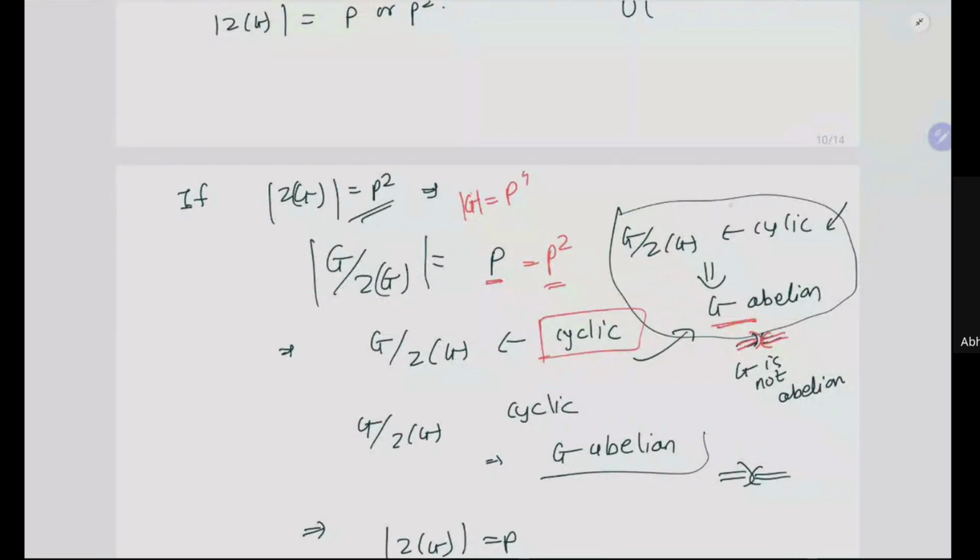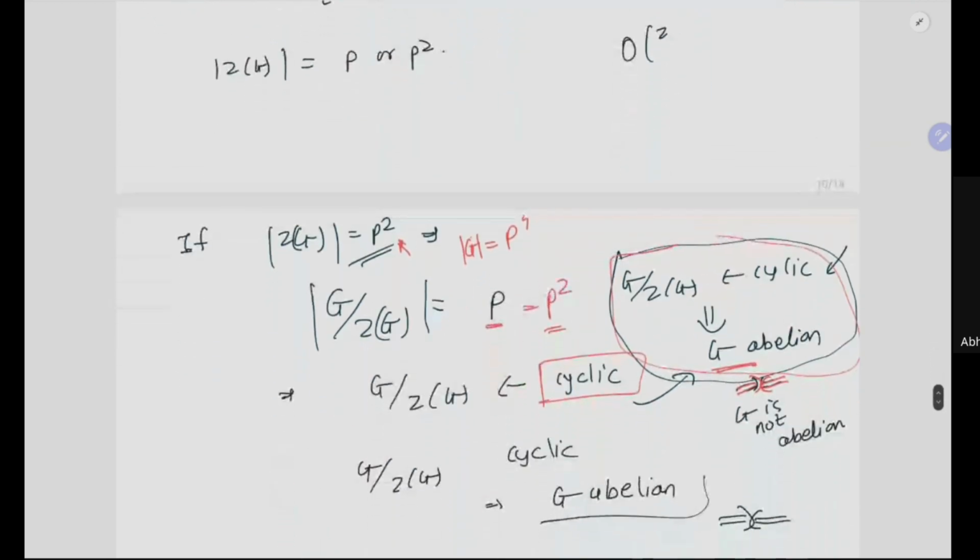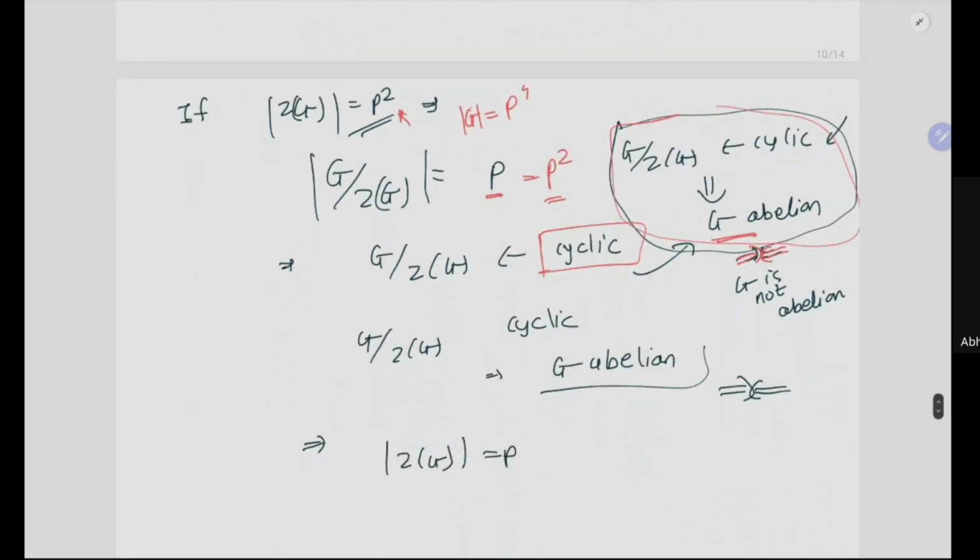So using this result, we could discard p square as a possibility for the order of ZG. But if it was not p here, if it was p square or anything, then we need not have this.